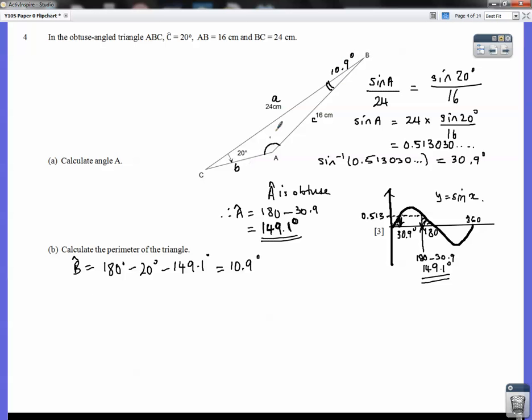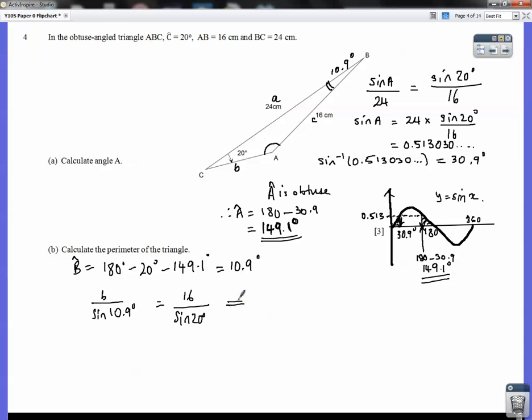Now, using the sine rule, I can say side b over the sine of 10.9 equals side c over the sine of 20.